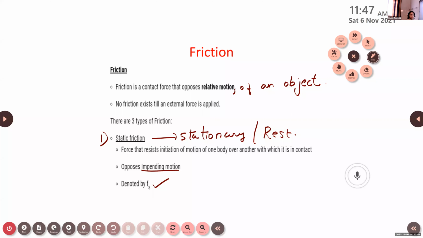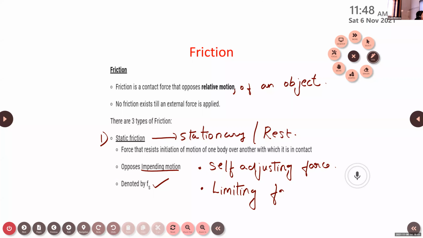Here we discuss two terms associated with static friction. The first one is self-adjusting force, and the second is limiting friction.